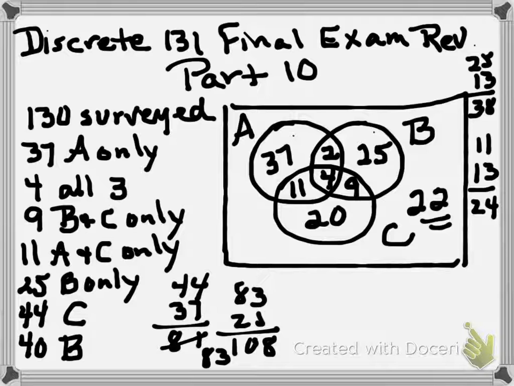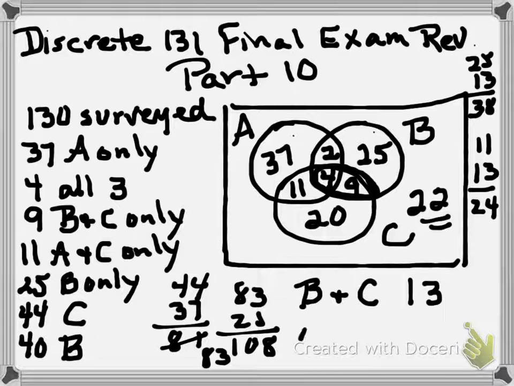You need to enclose the problem in a rectangle because now I can ask certain questions. For example, I can say how many got relief from B and C. Without the word only, it's the region for B and C, which is 13.